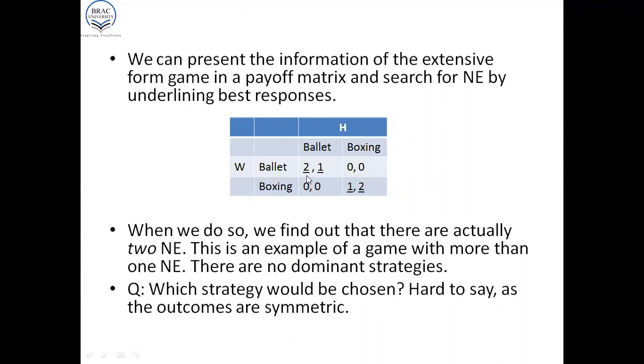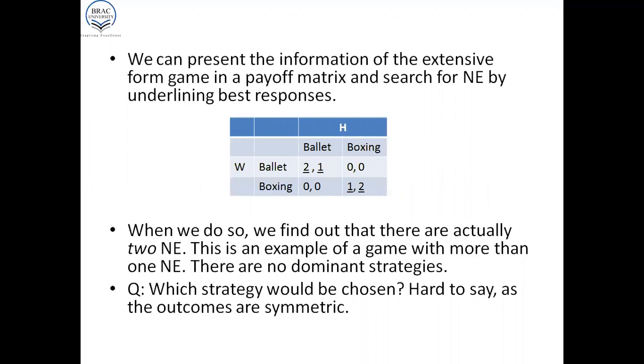So when we underline best responses, we find that there are actually 2 Nash equilibria. This is an example of a game with more than one Nash equilibrium, and there are no dominant strategies. It is possible for games to have multiple Nash equilibria. Now the question is, which strategy would be chosen?